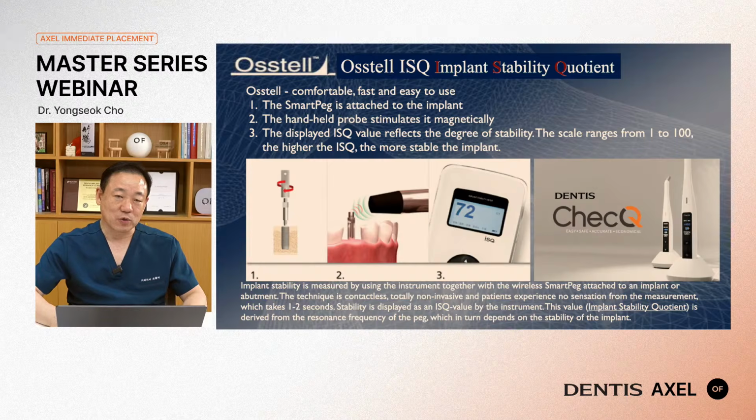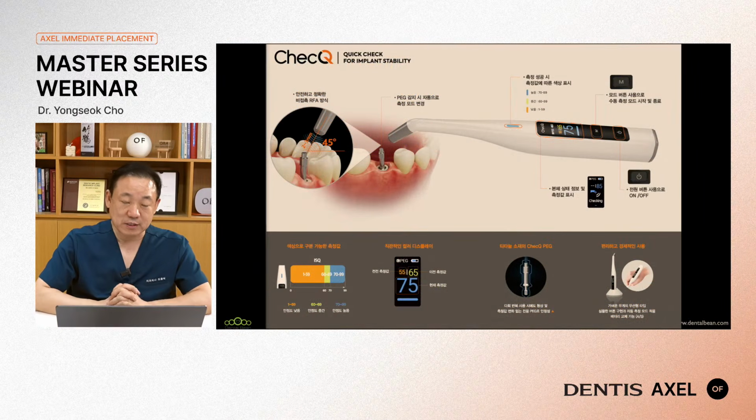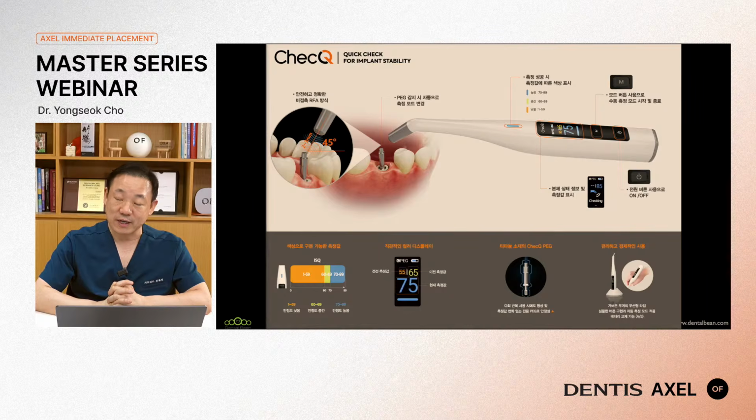The price of the Osstell device is really expensive. That's the main obstacle using Osstell. And recently, Dentium introduced the CheckQ, which provides the same implant stability measurement function as Osstell, while being designed for great ease of use.